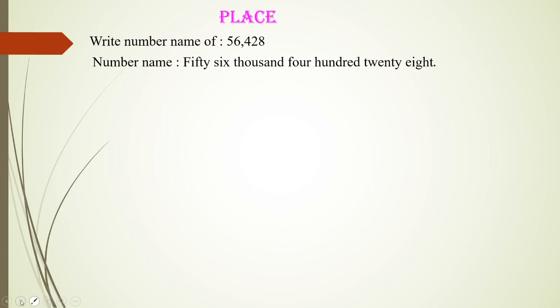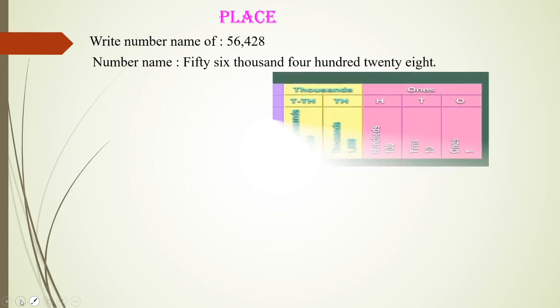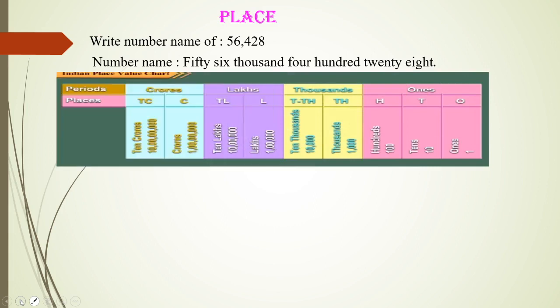Now let's check. 56,428, that is correct. Now look at this chart. The Indian place value chart is here, and this small table has the number 56,428.